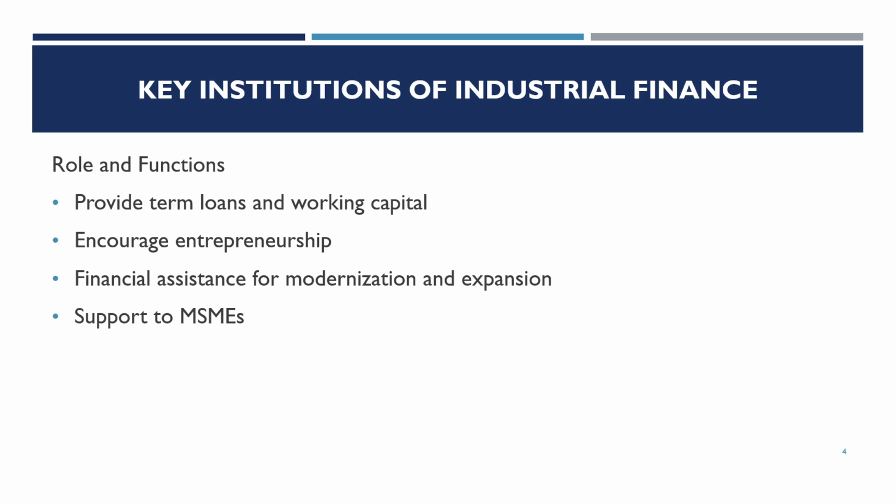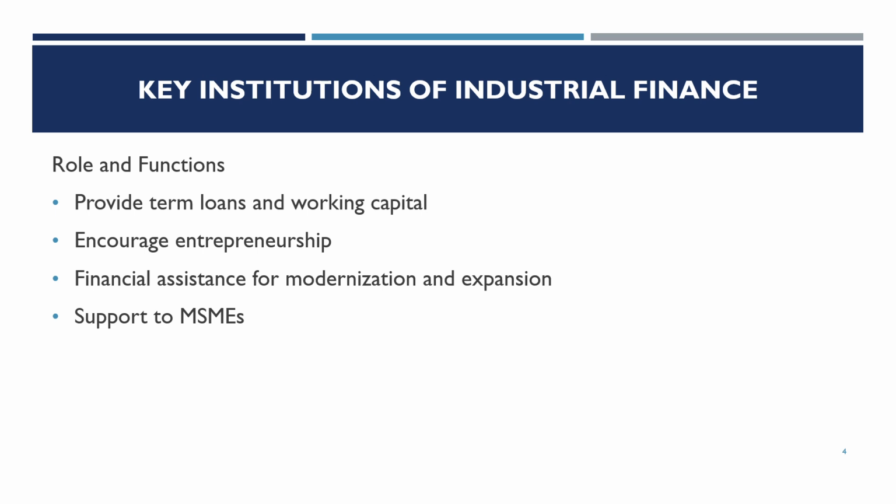The first role is that they provide term loans and working capital. The second role and function is to encourage entrepreneurship by providing loans and guarantees. They encourage people to become entrepreneurs.